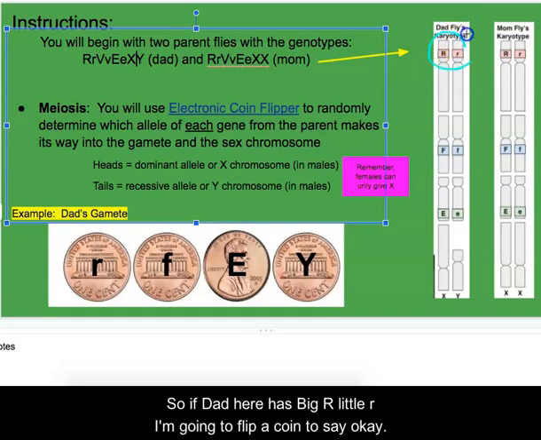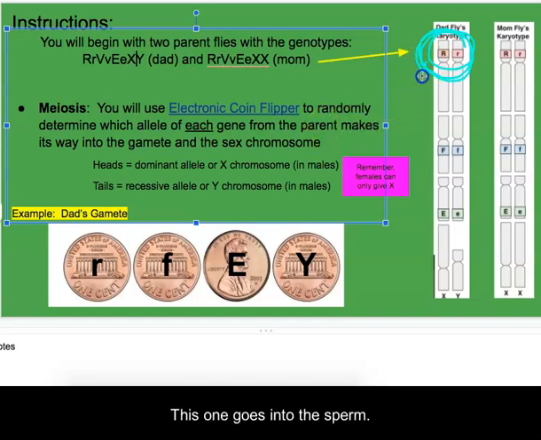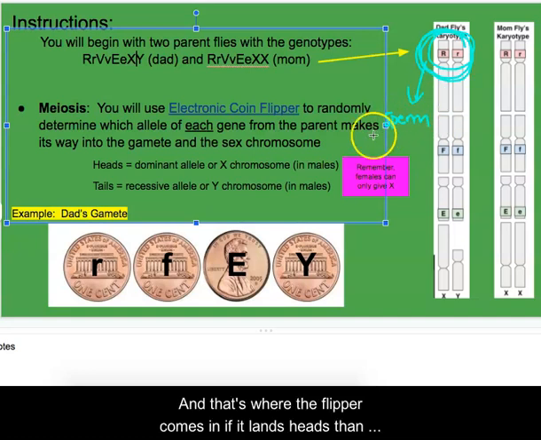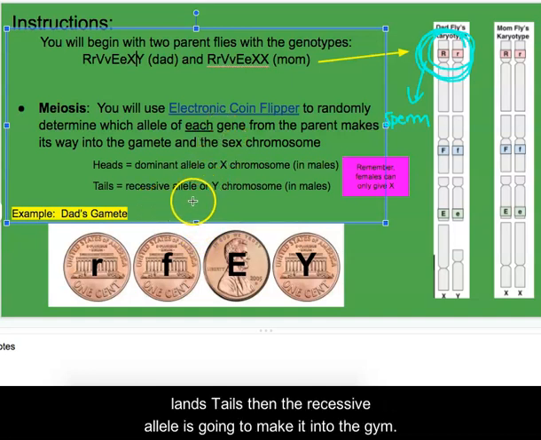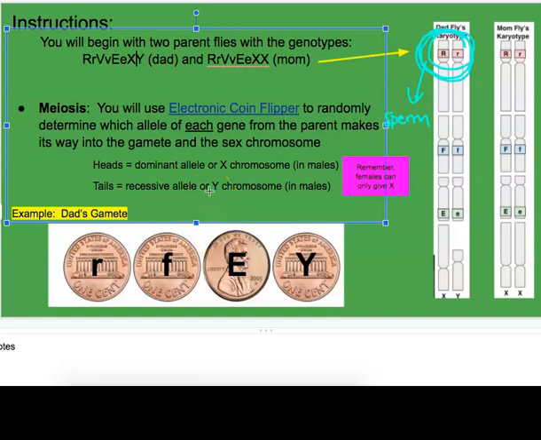So if dad here has big R, little r, I'm going to flip a coin to say, okay, this one goes into the sperm. And that's where the flipper comes in. If it lands heads, then the dominant allele makes it into the gamete or sperm. If it lands tails, then the recessive allele is going to make it into the gamete or sperm.